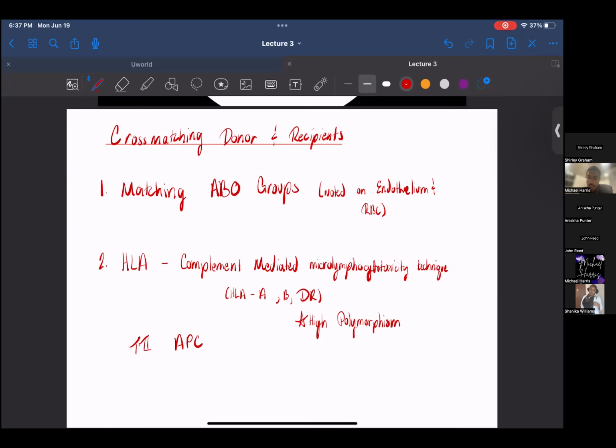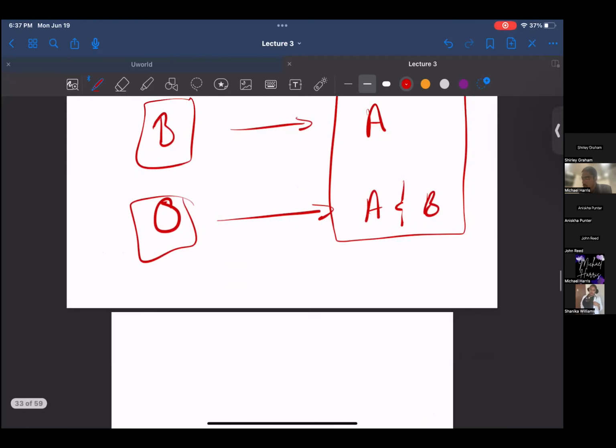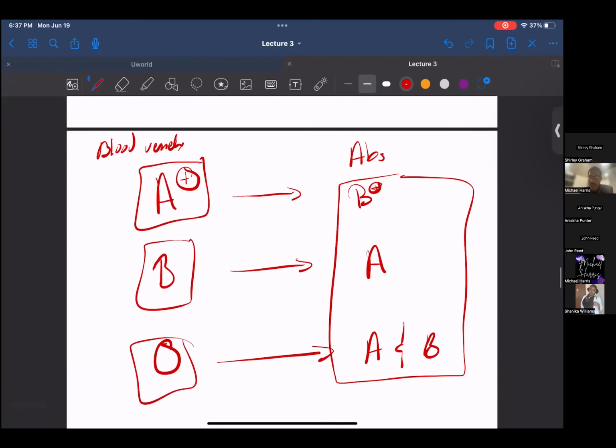Okay. So those are the two things you figure out and cross match with someone to see if they're a good match. Now, my next question is this. If you had an issue with the ABO blood typing, do you think you'd have reaction right away?